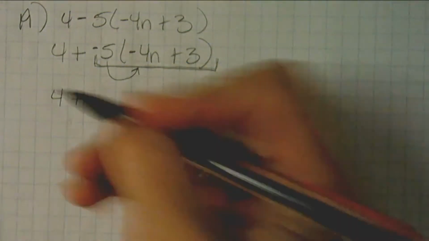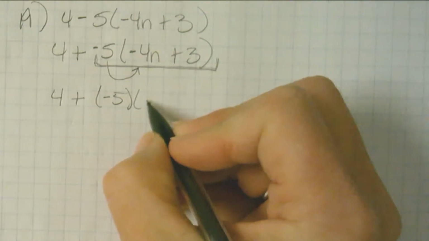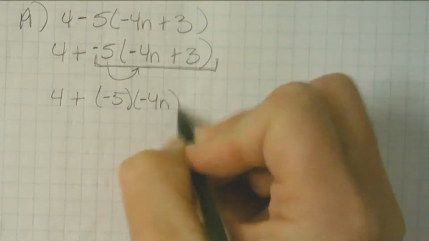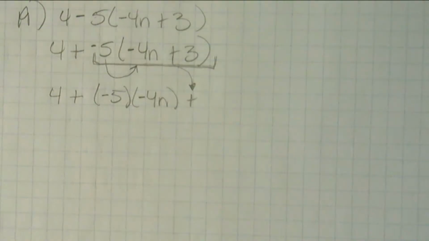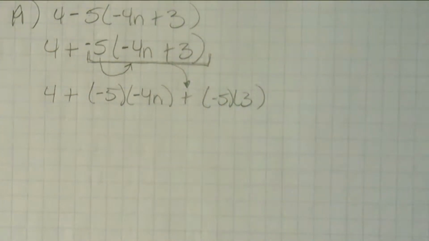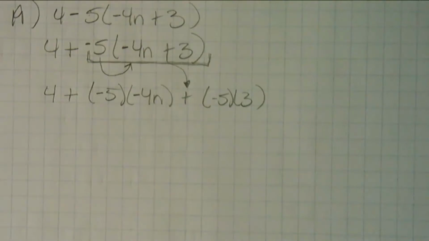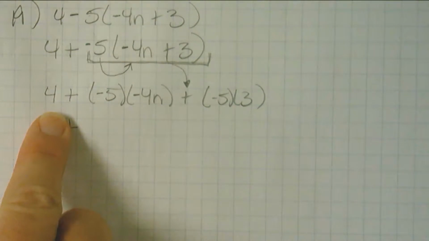All right, so I have 4 plus negative 5 times a negative 4n plus, there's my plus symbol from inside the parentheses, plus negative 5 times 3. Questions so far? Okay, now I'm simply going to do this multiplication. So I have 4 plus. If you notice, I'm still showing this 4 plus.